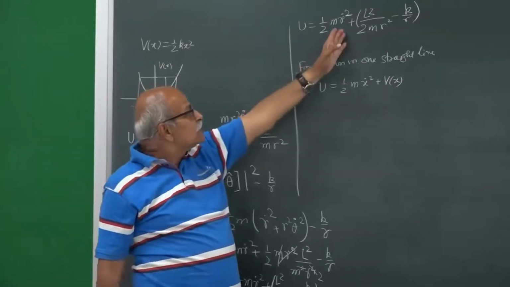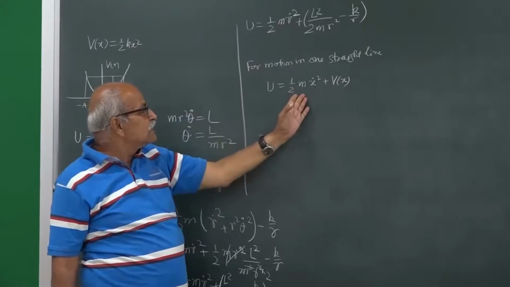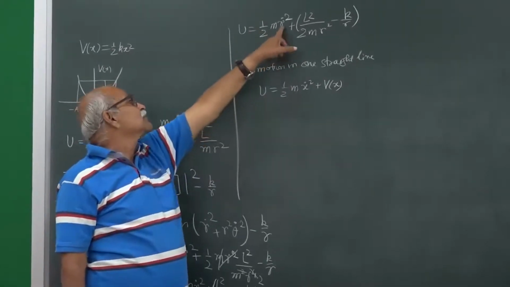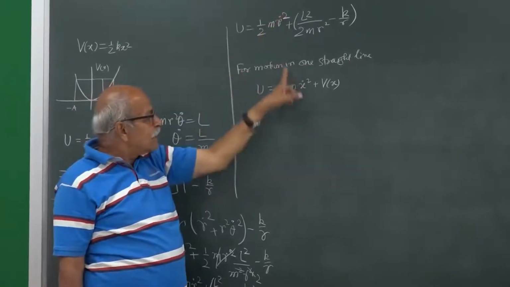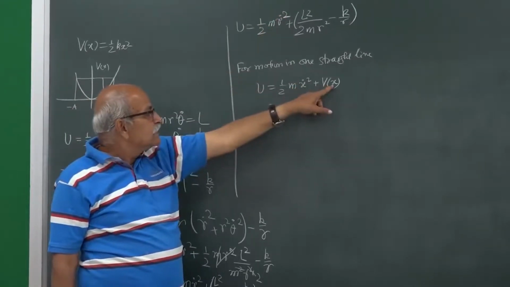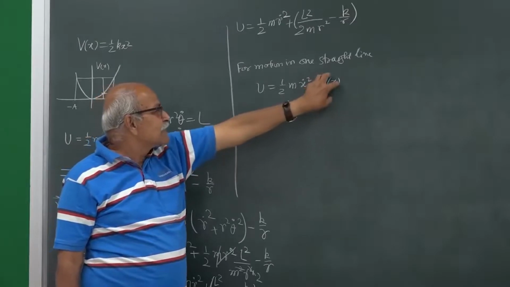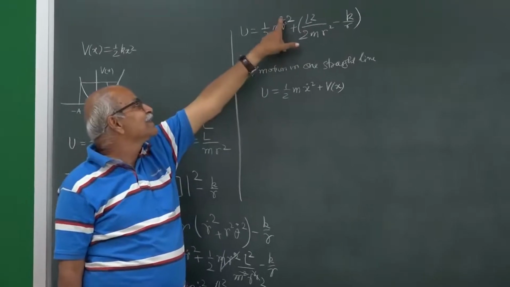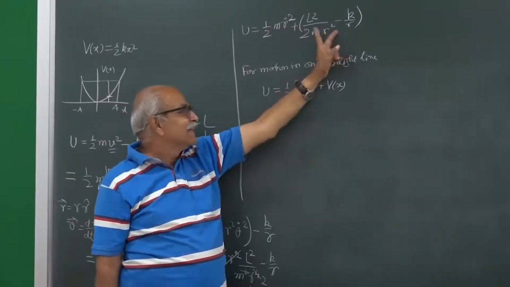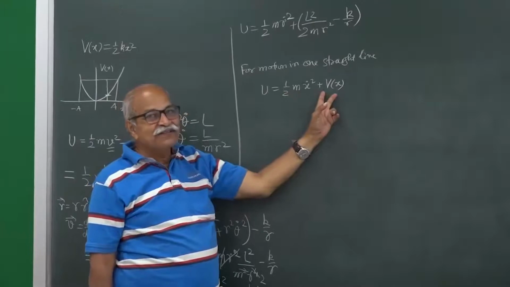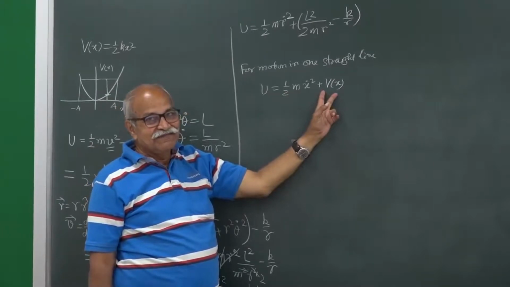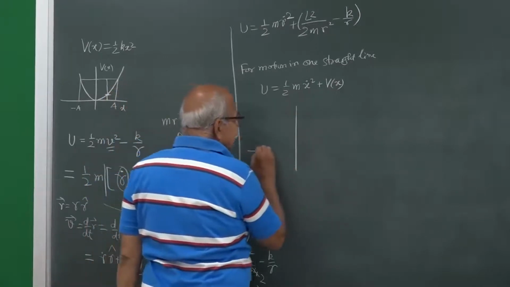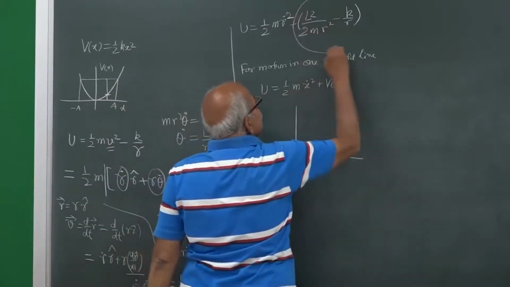Now, this equation is somewhat of this type: half m r dot square and some function of r here, half m x dot square and some function of x there. So, you can draw a diagram where this quantity is plotted.